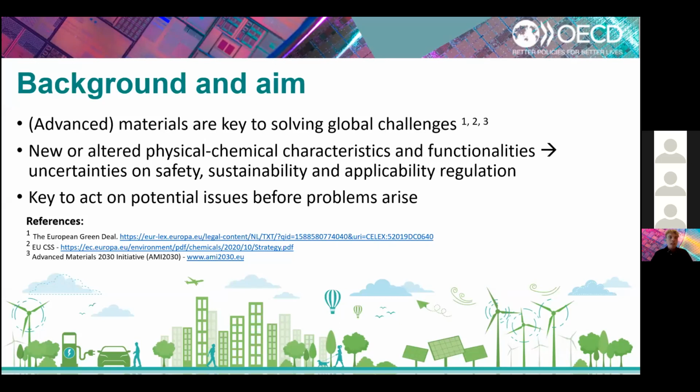But these new characteristics and functionalities also come with uncertainties regarding safety, sustainability, and applicability of regulation, for example, whether current test methods work sufficiently for these new advanced materials. So it's key to act on potential issues before problems arise. And this is how the Early4AdMa system can be used. Next slide, please.